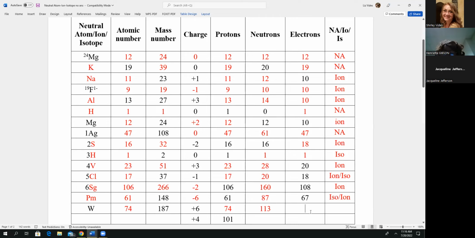And how many electrons? Well, normally we would have 74, but we've lost 6, right? Since we lost 6, we are not going to have 74, we're going to have 68, correct?